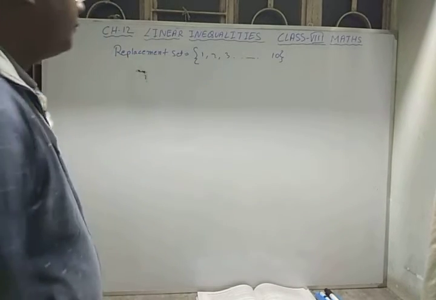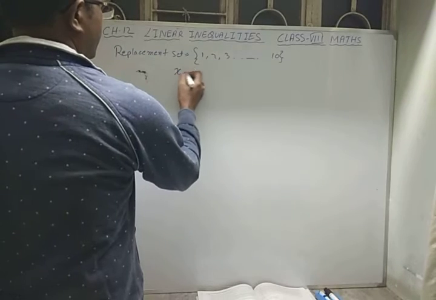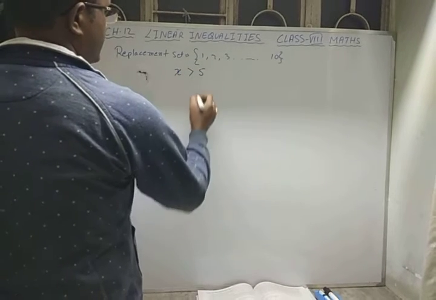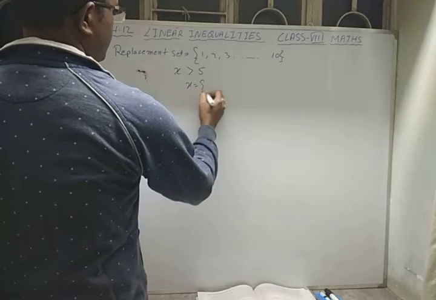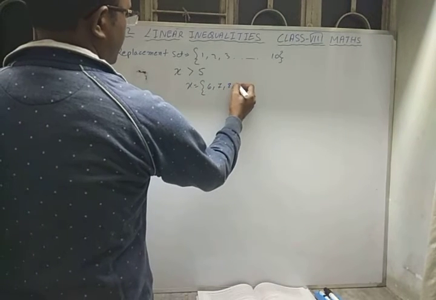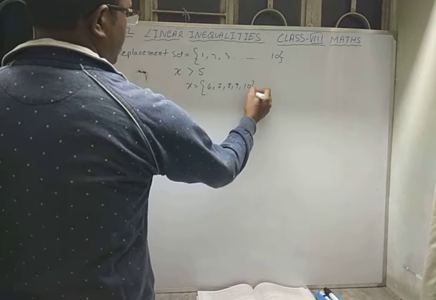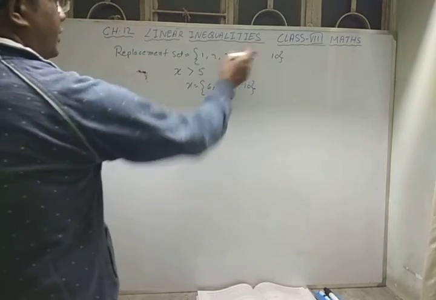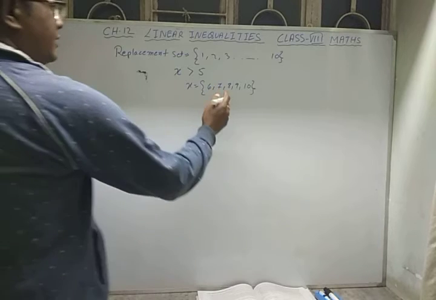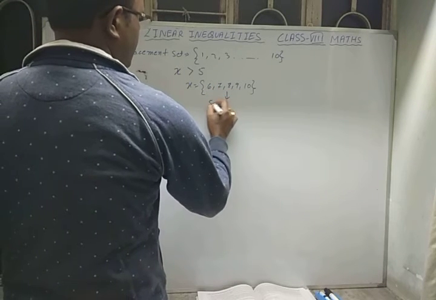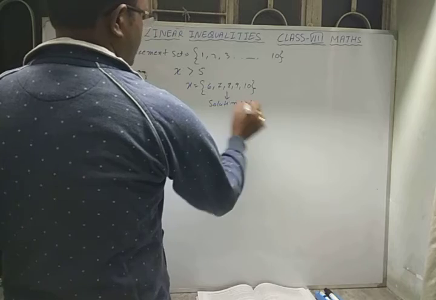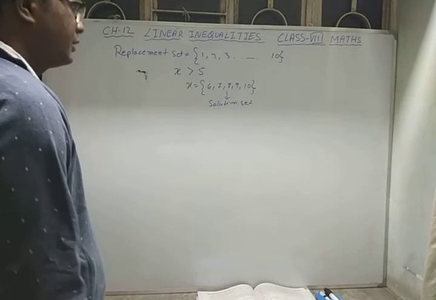Now if we write x is greater than 5, then what will be the answer? x is equal to 6, 7, 8, 9 and 10. That means these values 6, 7, 8, 9 we have taken from the replacement set, and this set is also called the solution set.